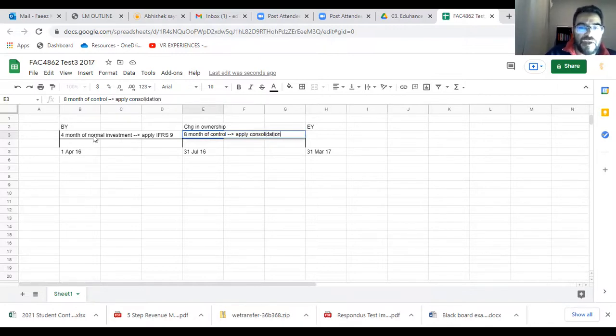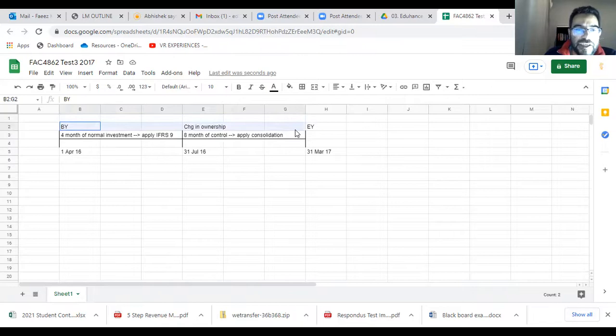Consolidation. So what you must know, the income statement looks at the entire period. So part of the period, normal investment, part of the period, control, therefore consolidate. For 4 months there's no consolidation, normal accounting treatment.